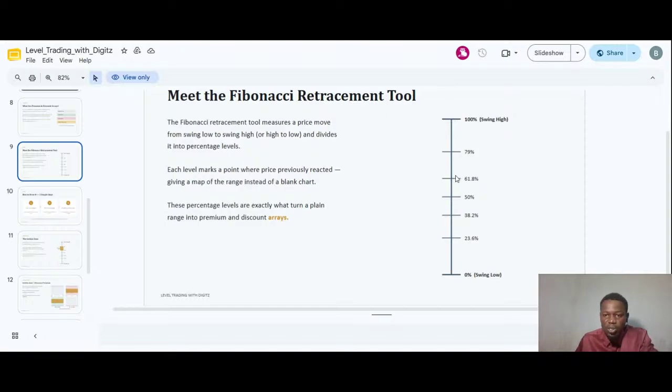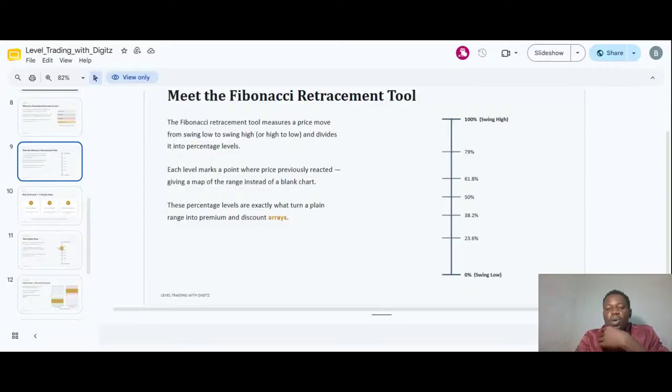Look at this chart, this calibrated meter. Now we have 0%. 0% is the swing low, then the 100% is the swing high. Do you understand?